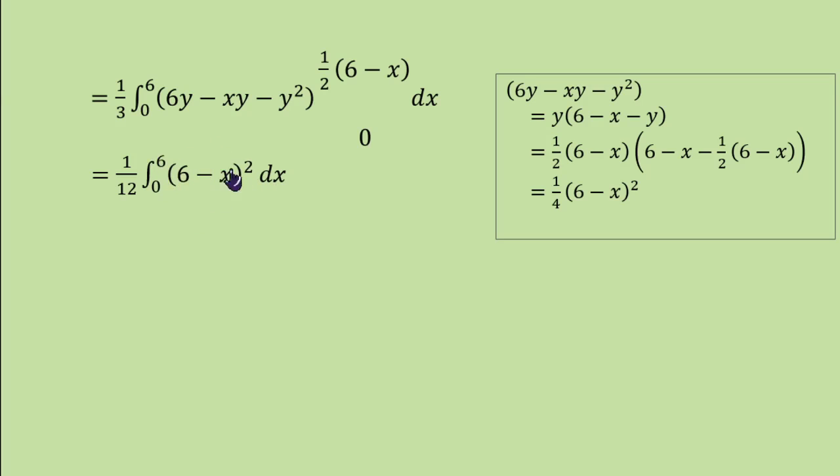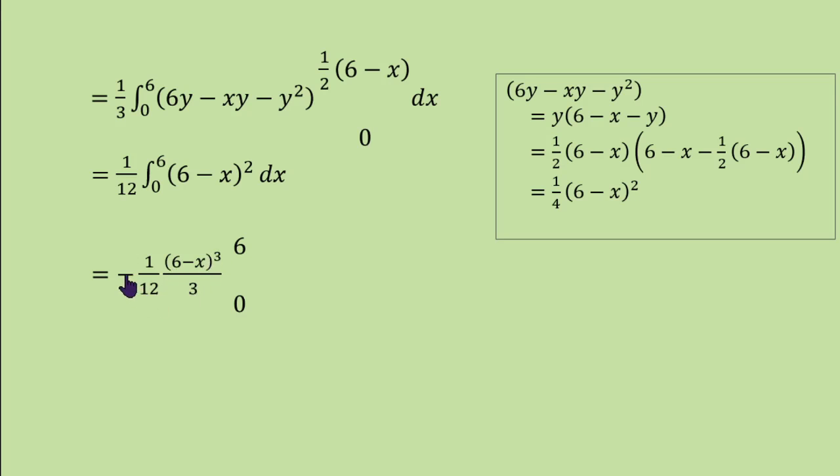Now assume that this is x square; integration with respect to x is x cube by 3, divided by the coefficient of x, that is minus 1, and hence this integral is minus 1 by 12 into 6 minus x whole cube by 3, limit from 0 to 6. For the upper limit, 6 minus 6 is 0, so the upper limit value is 0, and for the lower limit x is 0, so it is 6 cube by 3.